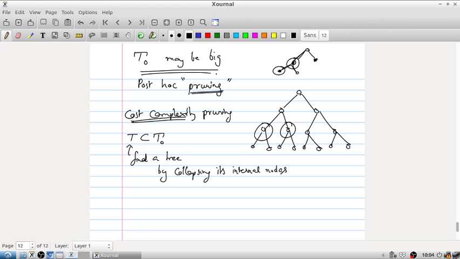I just want to reduce the number of nodes in this tree, and whenever I reduce the number of nodes, I want it to be a subtree. This subset notation just means that I only want to operate on the original T naught. I don't want to recompute smaller size trees or build a tree again. I only want to trim, as in collapse nodes, not really delete them.